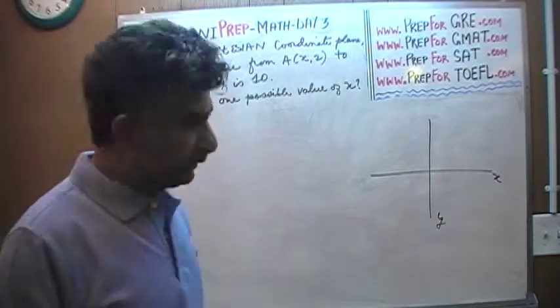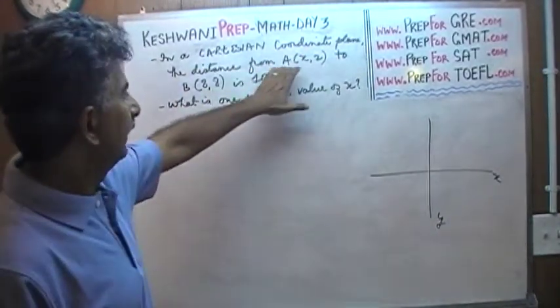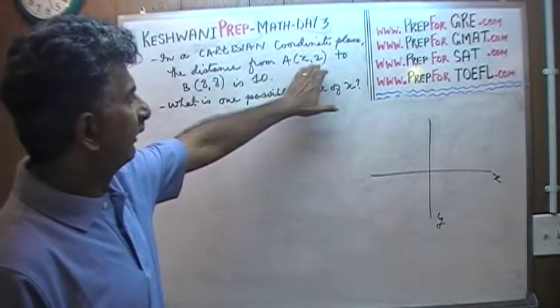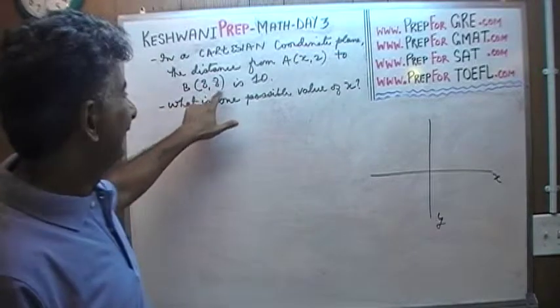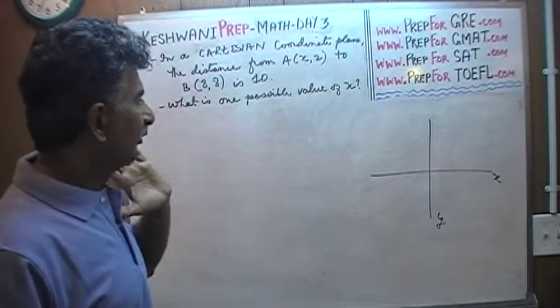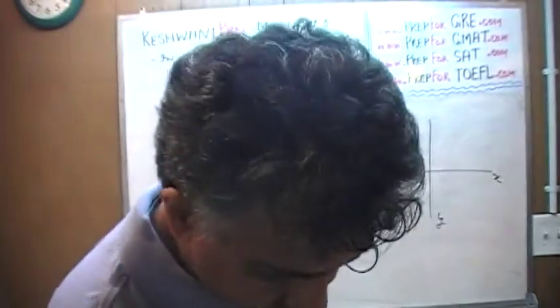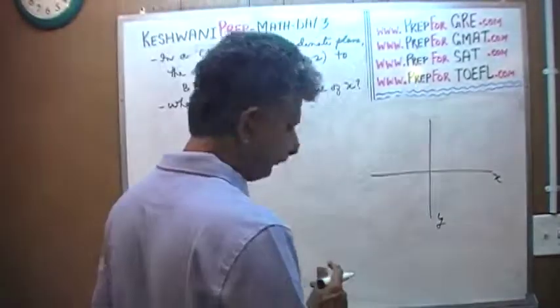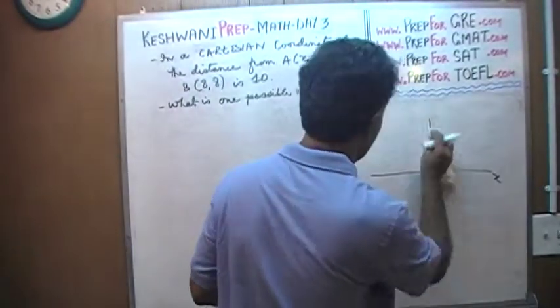Again, one more time I'm going to read the problem to you. So we are told that in a coordinate plane, the distance from A, which has the coordinates of x and 2, to point B, which has the coordinates of 8 and 8, is 10. The question simply is, what's one possible value of x? So let's draw 8 and 8 first. And in order to do that, I'm going to draw this y-axis a little bit out.